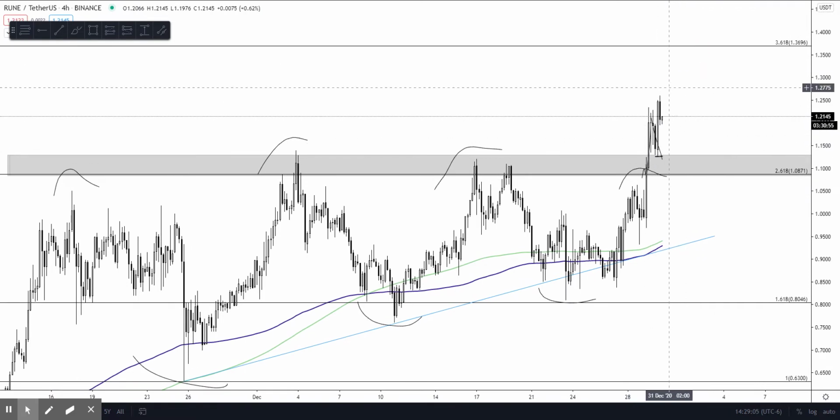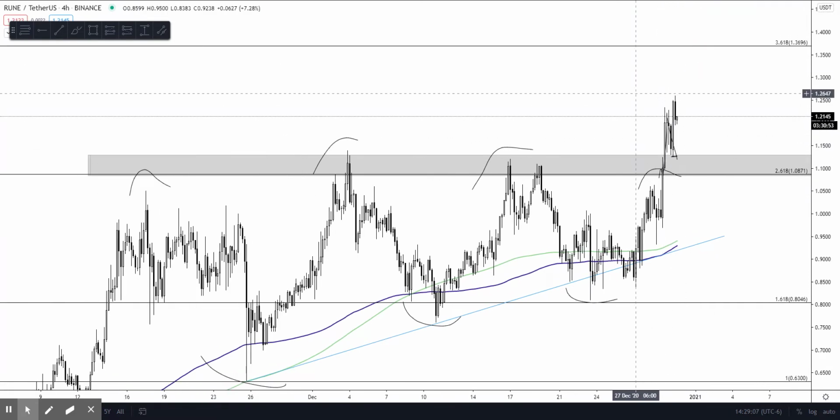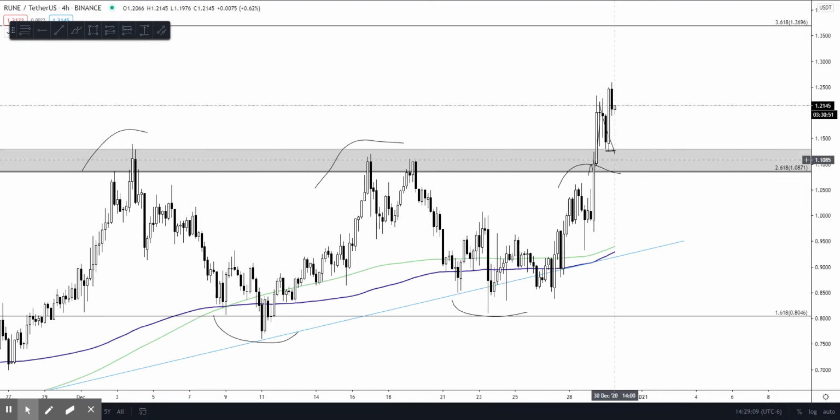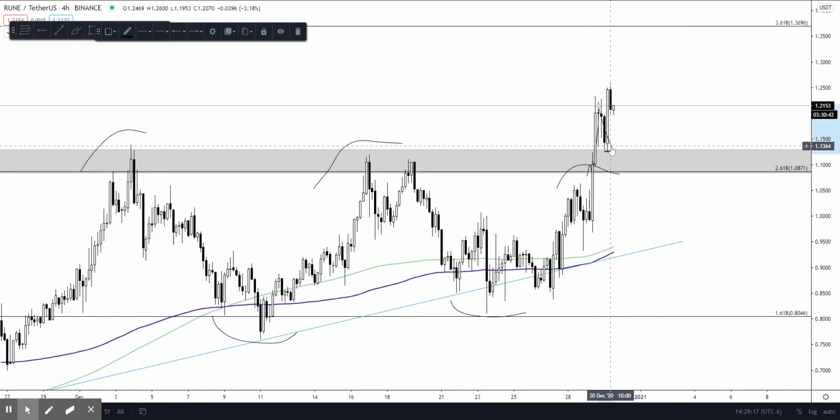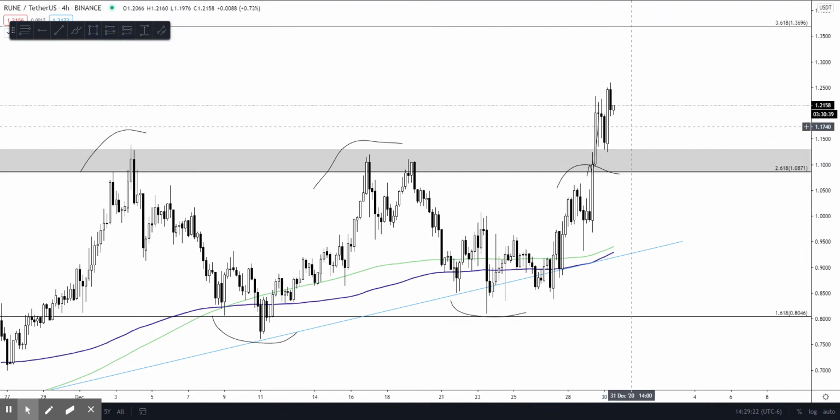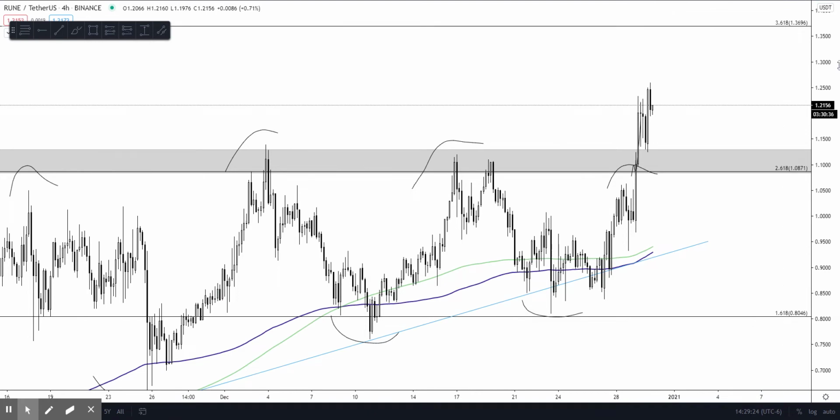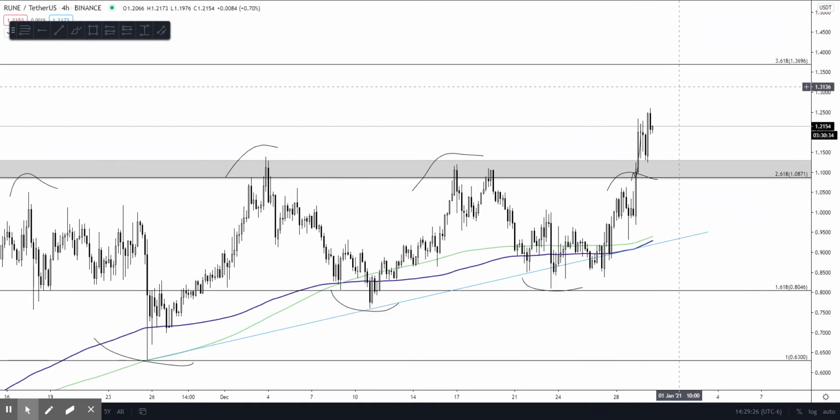Bullish retest. Now it looks like we got that breakout from our supply zone. We retested it as demand. We saw a very nice reaction from it. A 9% reaction in a 4-hour candle off of a bullish retest is nothing to scoff at for sure. So this looks like it has a ton of strength. It looks like it's going for that 3.618 at $1.36.